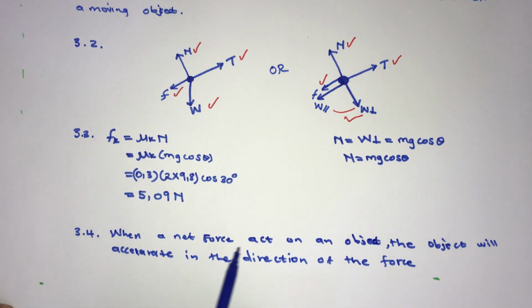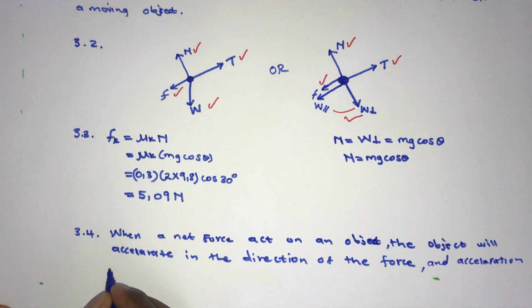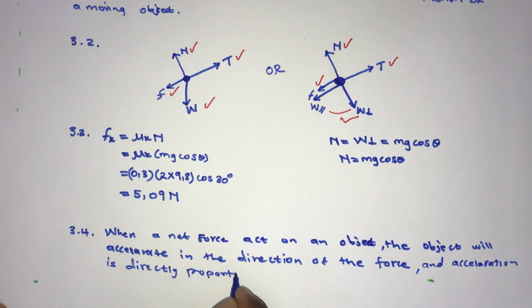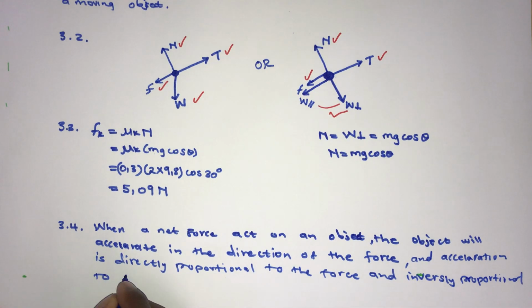So when a net force acts on an object, the object will accelerate in the direction of the force, and the acceleration is directly proportional to the force and inversely proportional to the mass of an object.